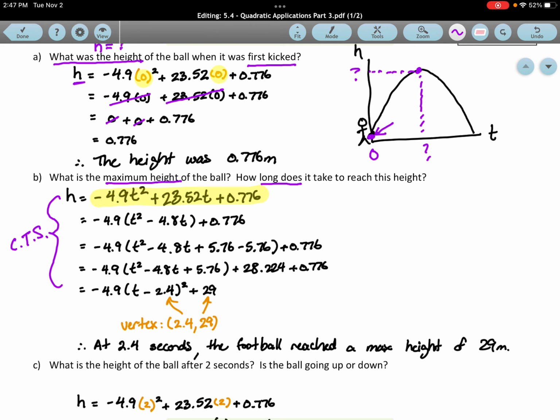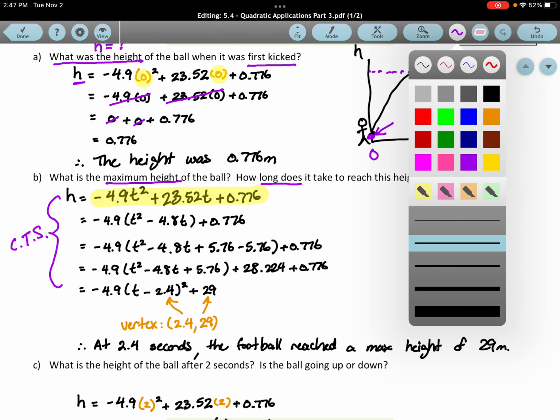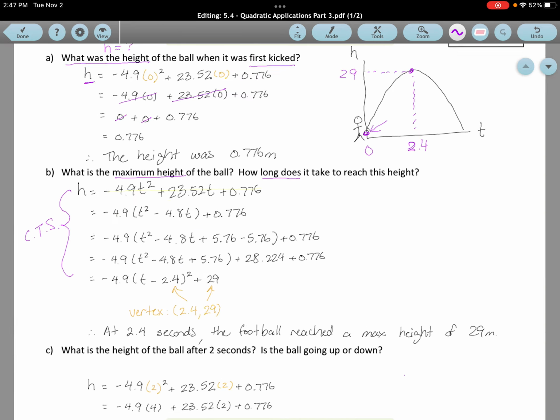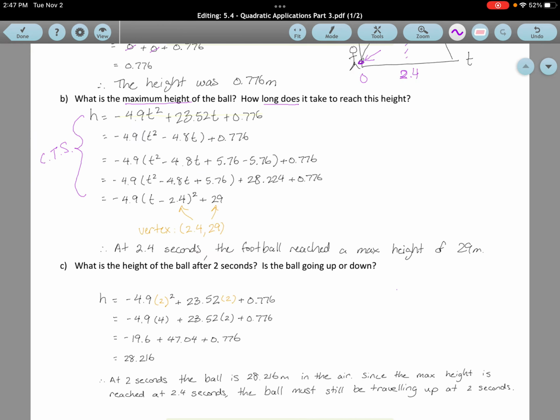Well, those are your numbers right here and here. So 2.4 goes right here, and then your 29 goes right there. Okay, so you can answer the question now. At 2.4 seconds, that's when the football in the air reached a maximum height of 29 meters. Okay, let's just keep going.